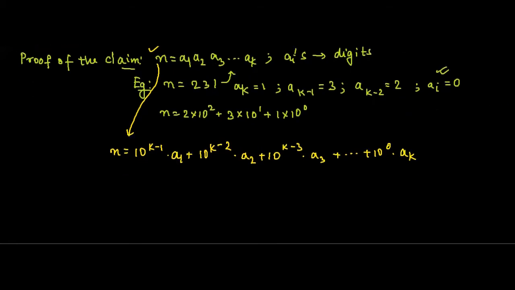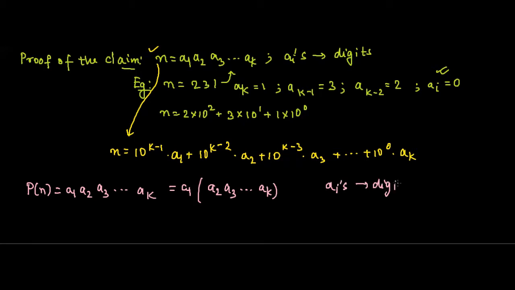Now, if n has this decimal expression, then the product of digits of n is the same as a1, a2, a3 up to ak. If we separate out a1 and just write down a2, a3 up to ak, then since the ai's are all digits, each ai must lie between 0 and 9.